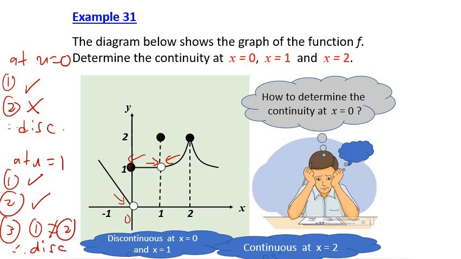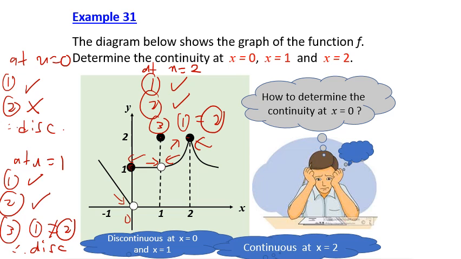And then lastly, at the last point, we see number 1, defined. Number 2, the limits from left and from right approach the same point, true. And then number 3, we see that number 1 and number 2 have the same value. So if these are all okay, then we conclude that this one is continuous.